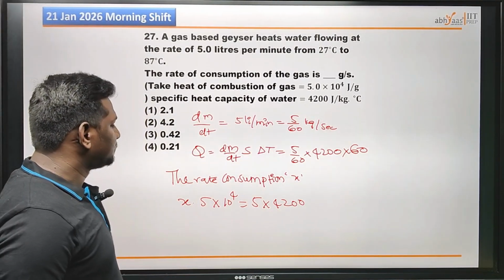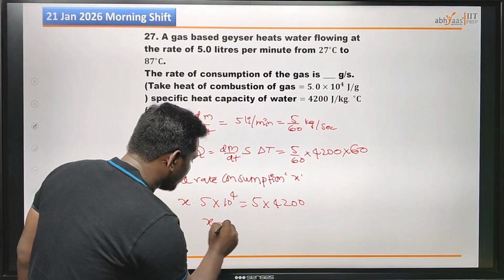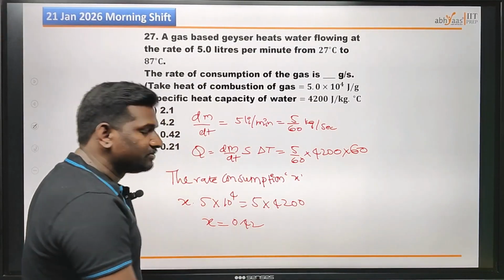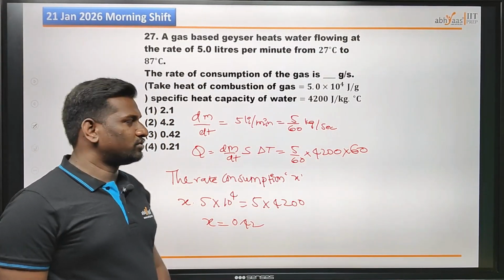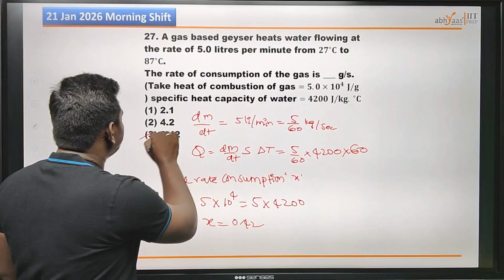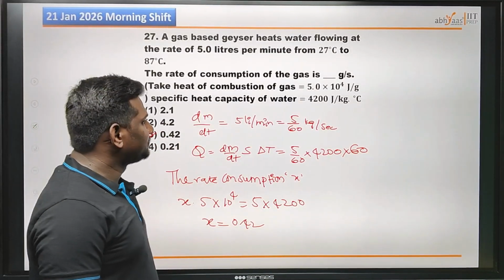If you solve this equation, you get the value 0.42. What is the value? 0.42. So option 3 is the right answer.